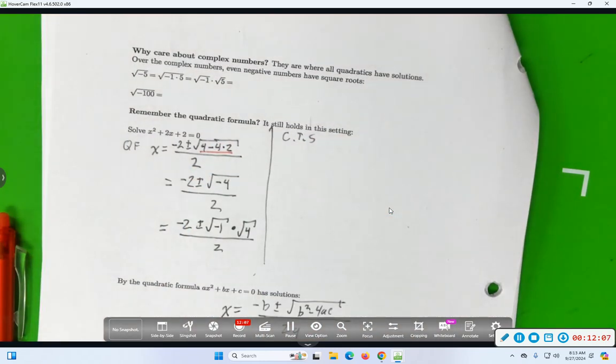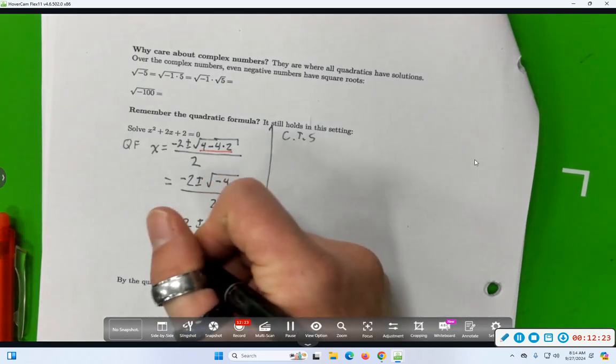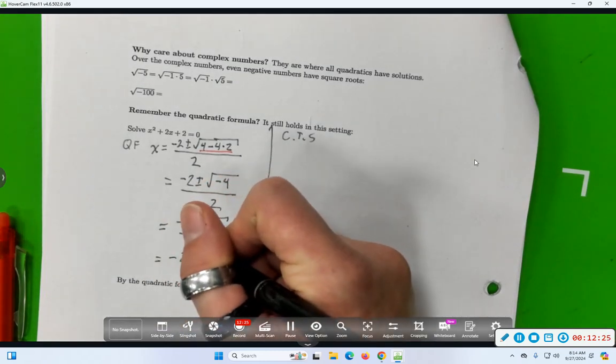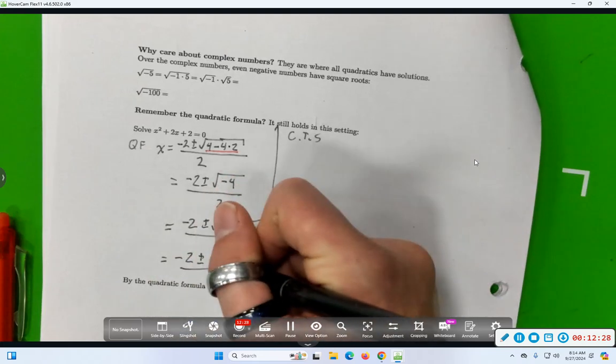And what's the square root of negative 1? i. Unless you're an electrical engineer, in which case it's j. What's the square root of 4? 2, regardless of whether or not you're an electrical engineer. So, negative 2 plus or minus i times 2, all over 2.